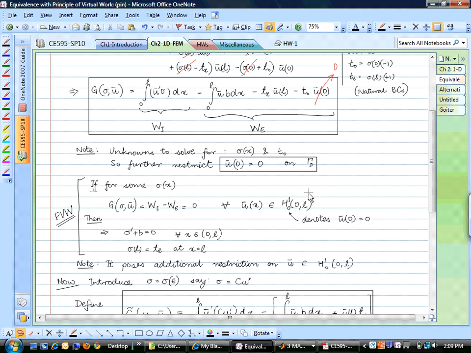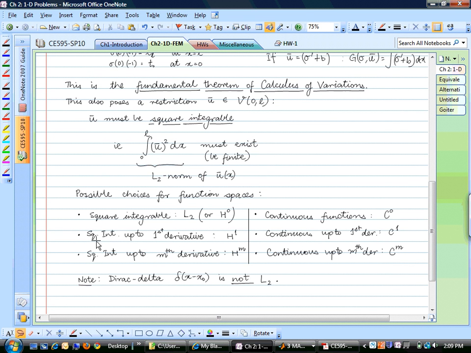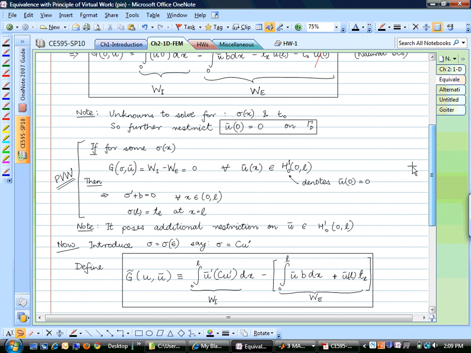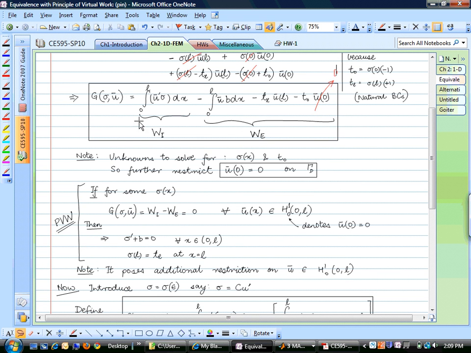satisfy H1_0. So what that means is, if you go back to the previous page, this H1 space was the space of functions which have first order derivatives that are square integrable. And the reason this is important is because in this case right here, we are trying to calculate u bar prime, and sigma is also going to be proportional to u prime.